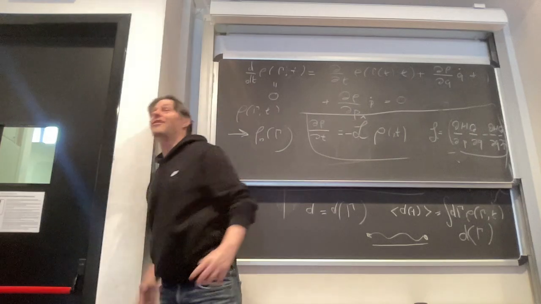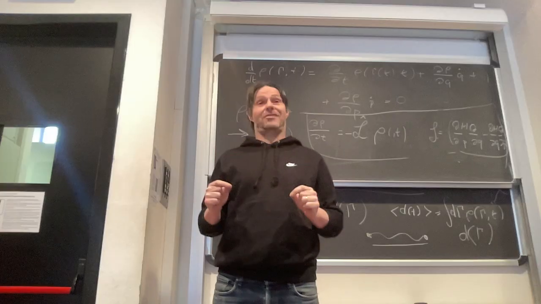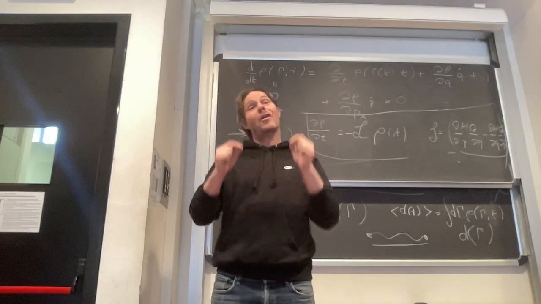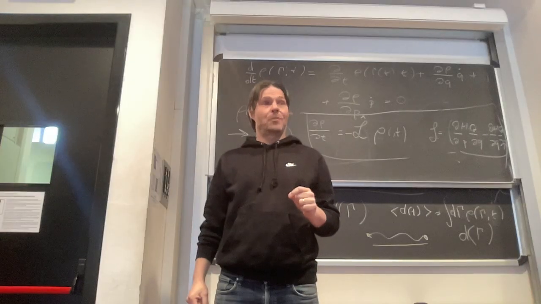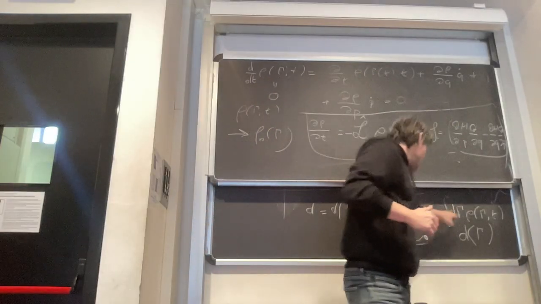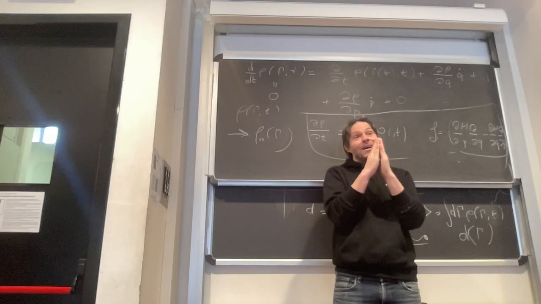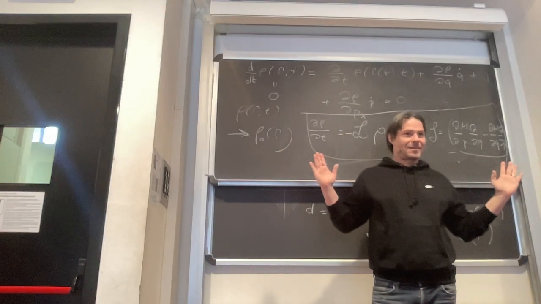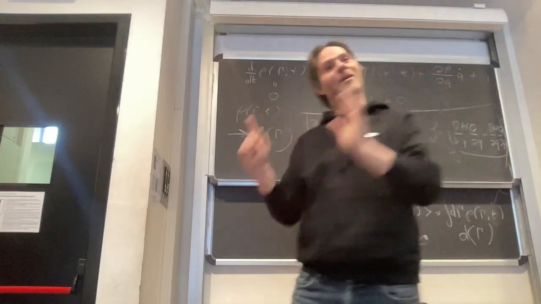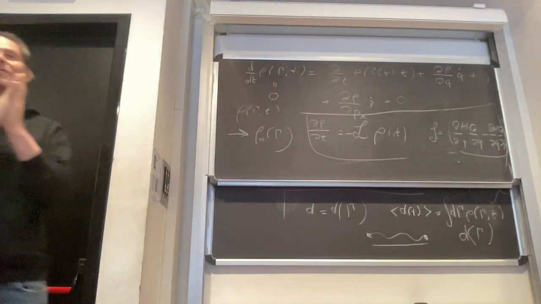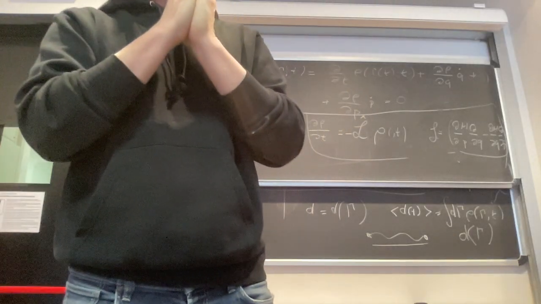Of course, if I have a cannonball and I shoot it, I can predict the landing point with a very good accuracy, far more accurate than I ever need. Which means that the spreading of this distribution in momentum and phase space is so small that I can neglect it. But it doesn't mean it isn't there. There could be situations in which these distributions are very narrow Gaussians, and they remain very narrow for a long time.